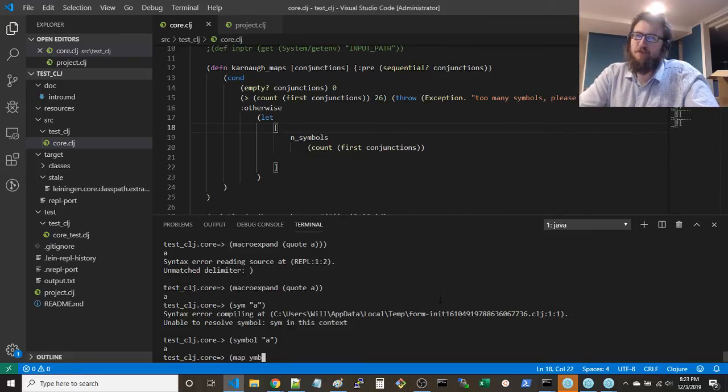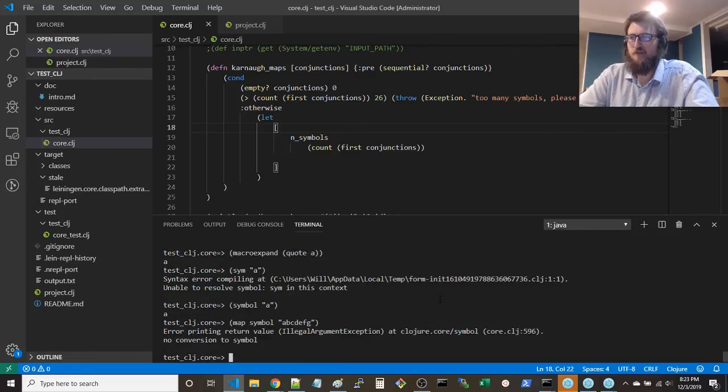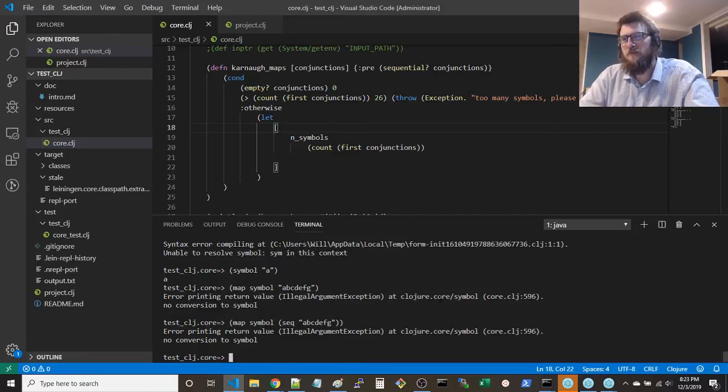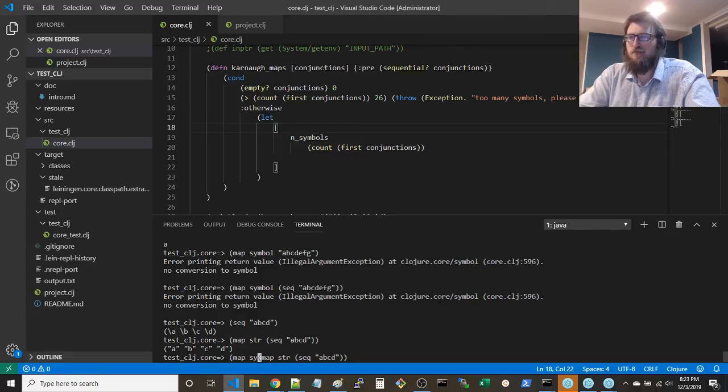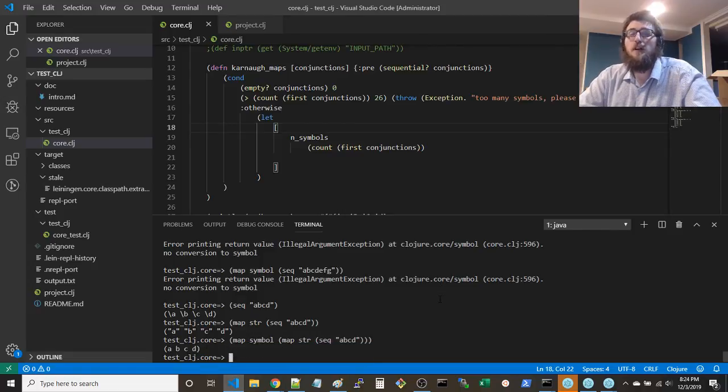So we can map symbol to a boatload of things here. Error printing. Return value. Sequence. That's what I was looking for. Okay.